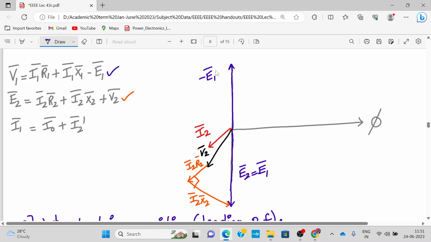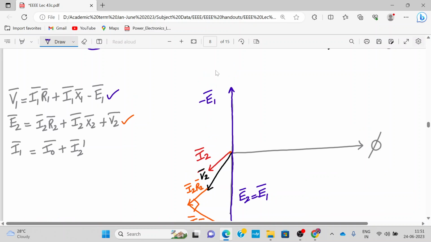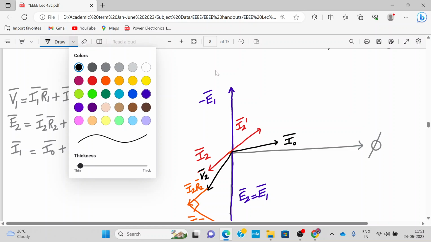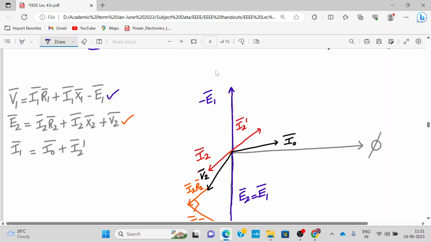Now we concentrate on this part. Okay. First of all, let's clear up I2. So I2 opposite will be what? This is I2. So parallel to it, we'll draw I2 bar. All right. So I2 bar, we know that I2 bar plus I0 bar will be I1. So let's draw I1. So this is I0 bar, and I1 bar will be the vector sum according to the parallelogram law of vector addition. It will be somewhere like this.